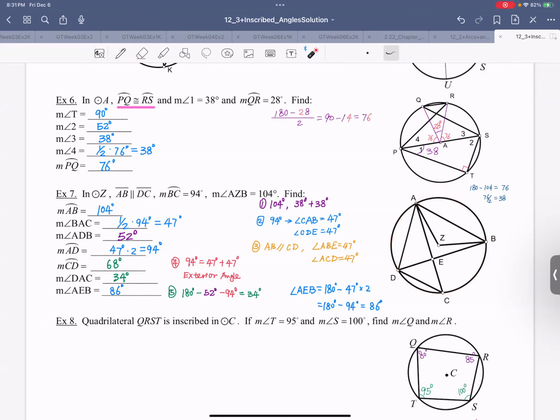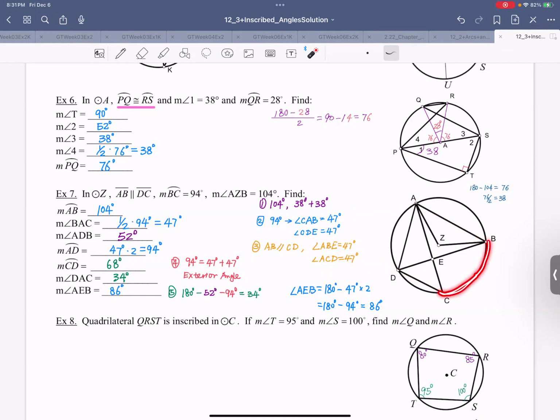Yeah. We are going to mark the conditions in circle Z. So Z is the center. Some people say, oh, E is the center. No, Z is the center. That guy is parallel to that guy. And then arc BC is 94.